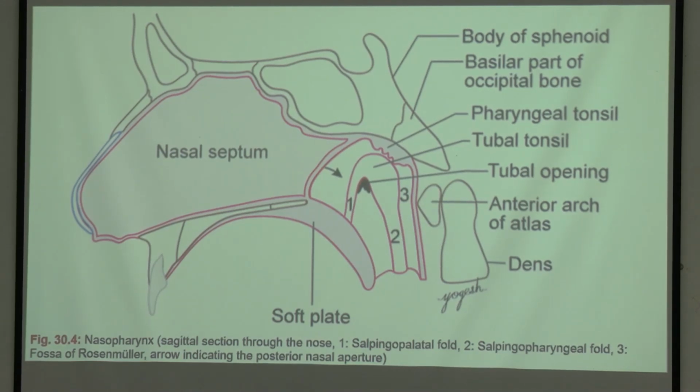Around it we can get an elevation called the tubal elevation, and within the tubal elevation we can get some lymphoid tissue called the tubal tonsil. These are very important structures in the lateral wall of the nasopharynx, which is quite evident in the sagittal section.